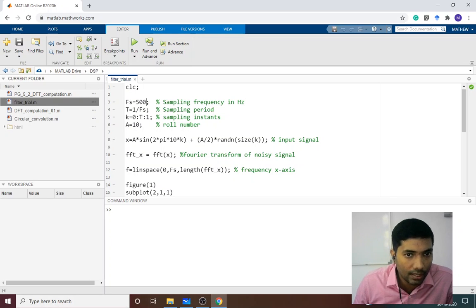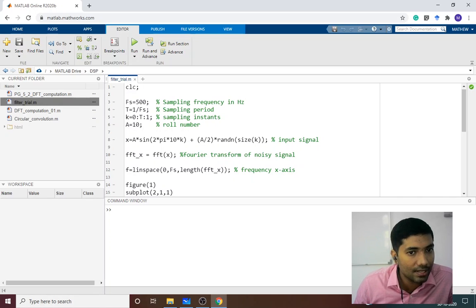Here I have defined the sampling frequency as 500, which we have already defined in the problem. The sampling period can be defined as 1 by fs, so we'll get the sampling period, capital T, and k I am taking as the sampling instance.